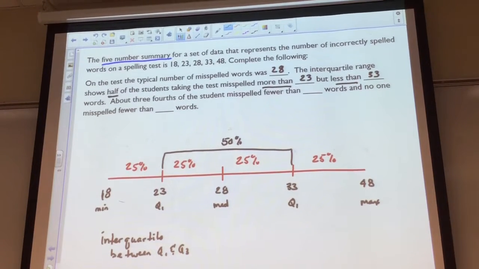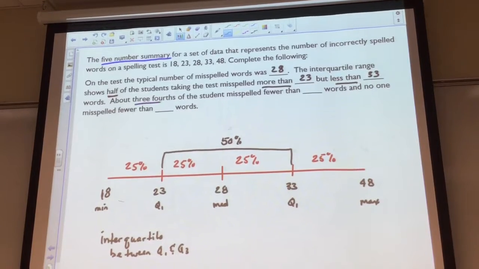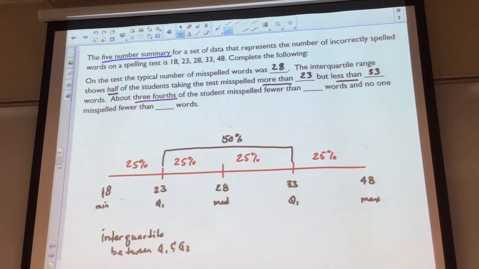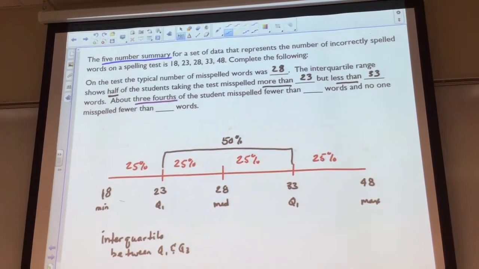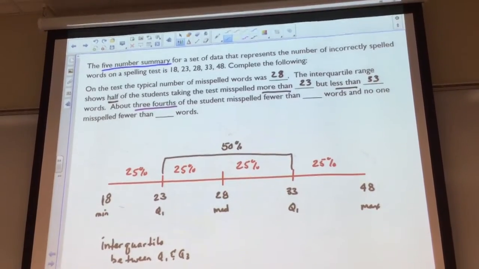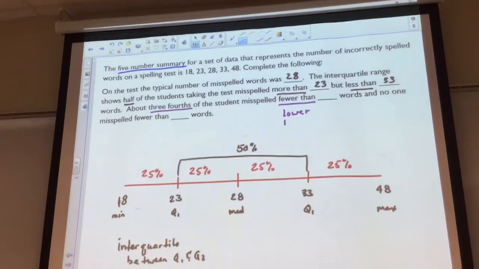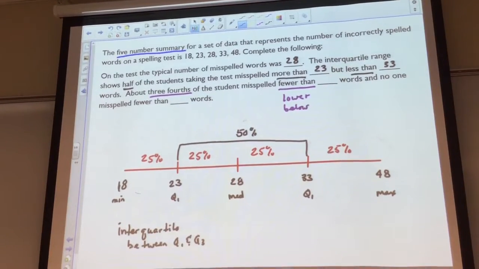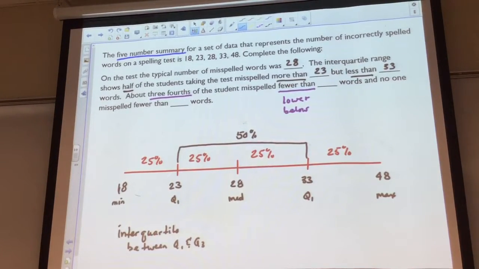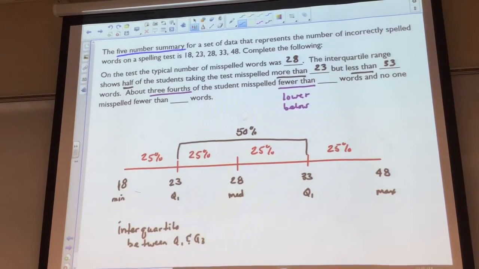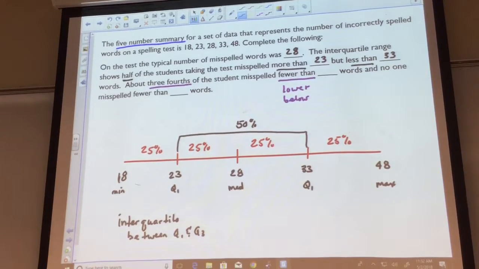About 3/4, so now we're coming back, 3 of the 25% sections are fewer than, or are lower than, or are below what point? 48. I thought 48 was the maximum value.